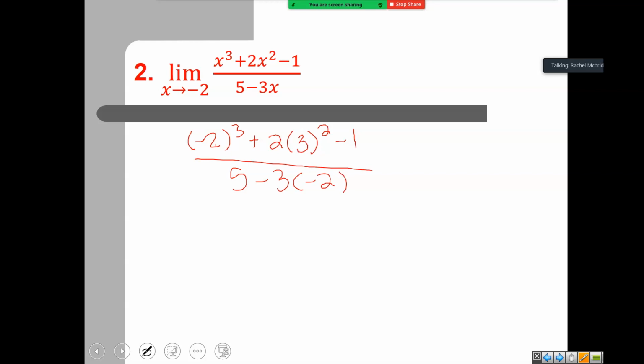Alright, negative 2 cubed, don't forget the negative, that's negative 8. 3 squared is 9, 9 times 2 is 18.